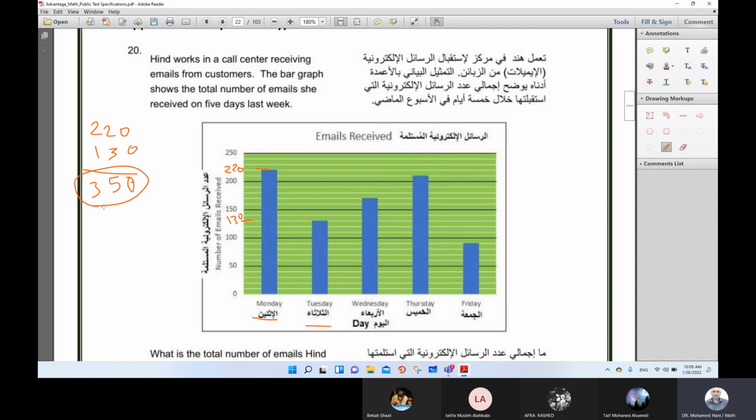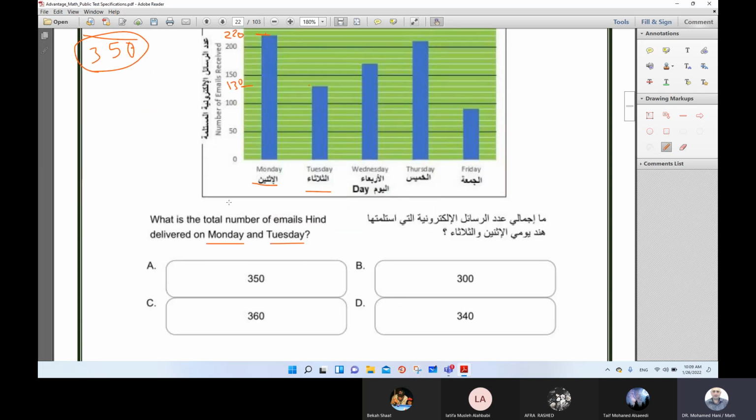So the answer will be 350. The answer will be 350. So here the first one, the correct one. Do you have any question about this idea? Is it clear for all? Yes. Great.